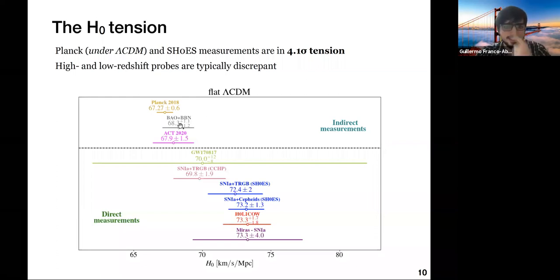And what one realizes by looking at this is that when one considers probes of the universe that use some high redshift information, one typically gets a small value of the Hubble constant. This is the case, for example, when you combine observations of BAO, baryon acoustic oscillations, with big bang nucleosynthesis, but also when you consider other CMB experiments different from Planck, such as ACT.